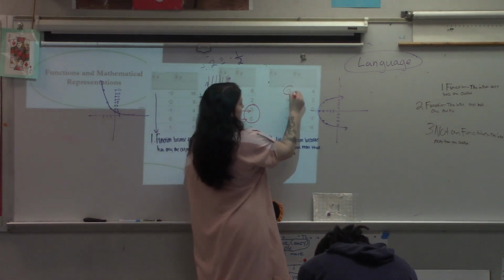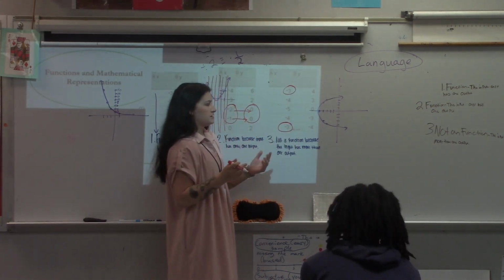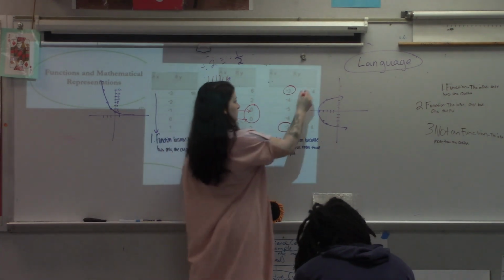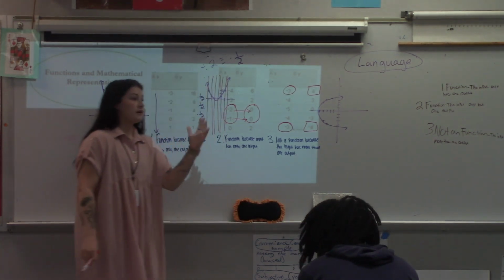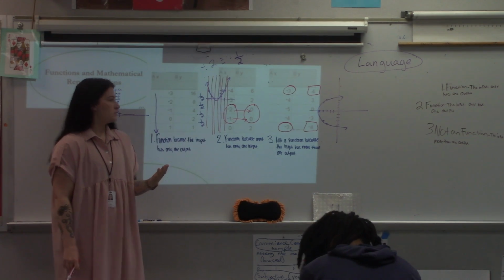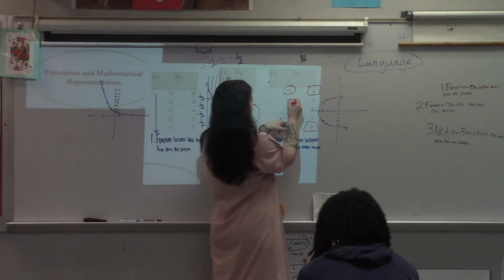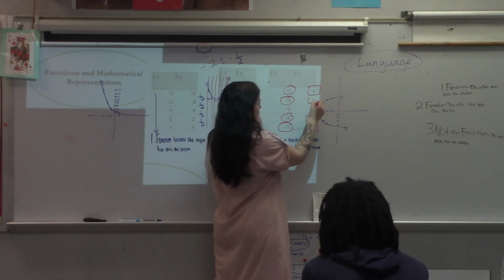Yeah, so the input of -3, what were its outputs? 4 and -4. So for every input, was there only one output? No. Same with 4, same with -4, we had -3 and 3.